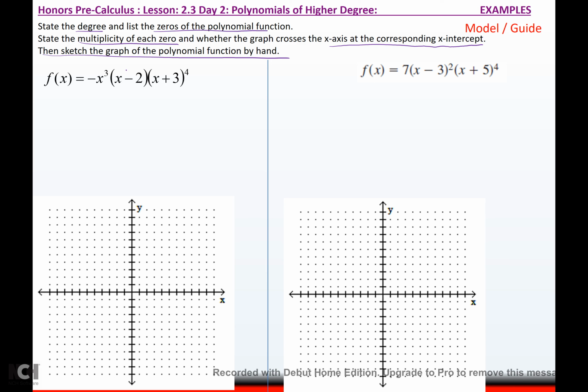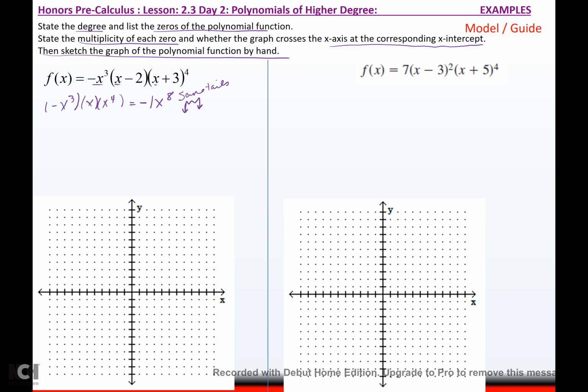Again, to get the whole degree, I need to multiply the x's together in each of the factors. So I would have a negative x cubed times an x to the fourth, x's in each factor, and that would give me altogether negative 1x to the 8th. Okay, so even degree tells me same tails, and negative means they're both going to point down.